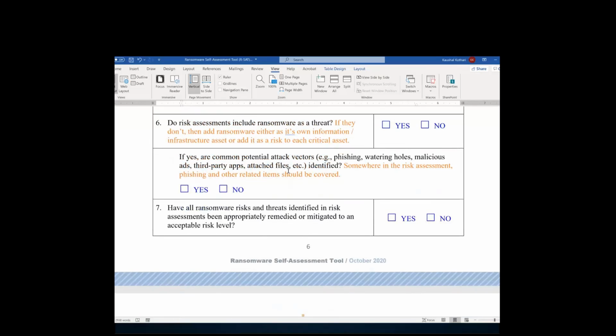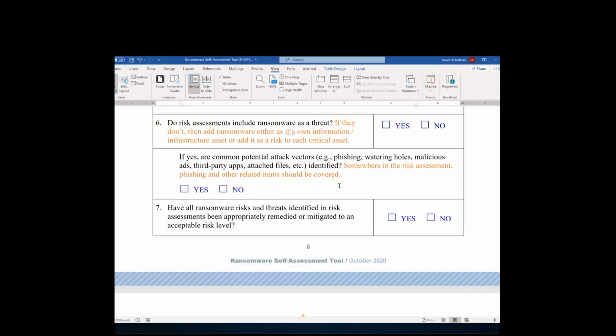And then if yes, are we discussing common potential attack vectors? So phishing, watering holes. A targeted watering hole is where, if I'm the attacker and I'm attacking XYZ bank, I get an idea, through my reconnaissance, of what sites that staff usually visits, and then I go out and compromise one of those websites in order to compromise the bank.